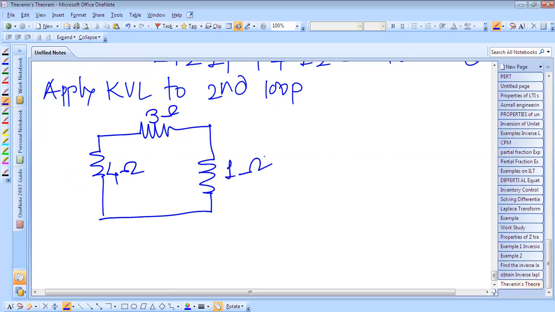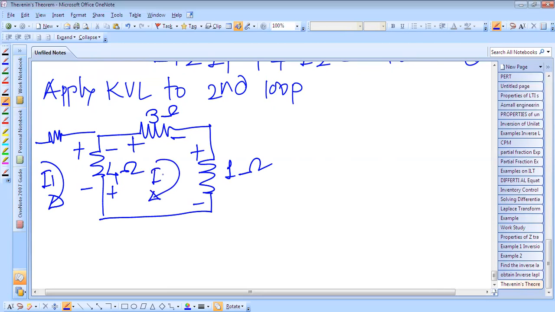This is 1 ohm. So here one loop was there, and because of that current I1 is flowing like this. This is I2. Okay, so we are applying the KVL to this second loop.